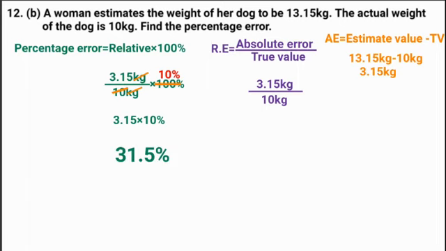When you multiply 3.15 by 10%, it gives us 31.5%. So this is the percentage error. The percentage error is 31.5%. Let's go to the next question.